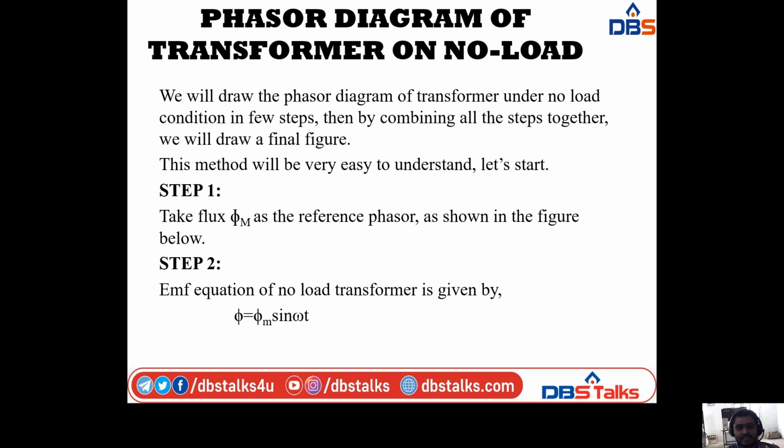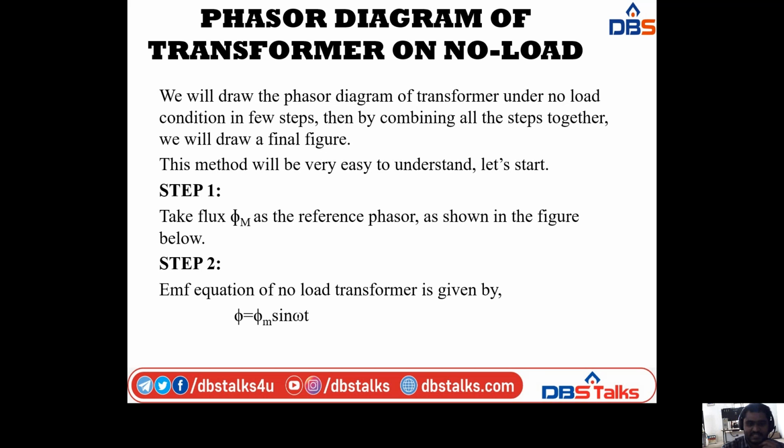Okay, so in step 1, I am taking the flux phi m as the reference phasor. In step 2, the EMF equation of no load transformer is given by phi is equal to phi m sin omega t.